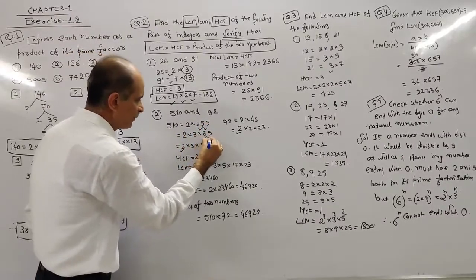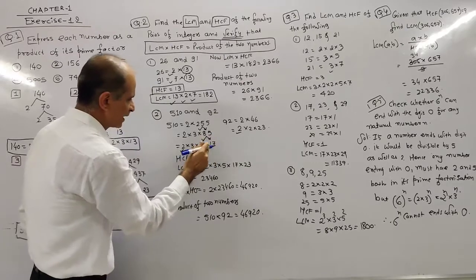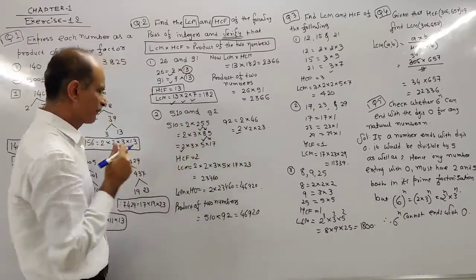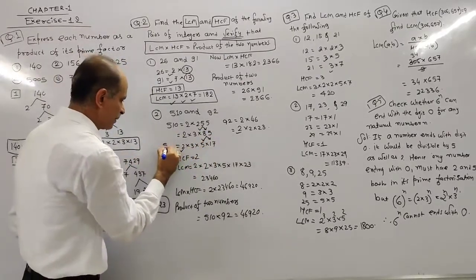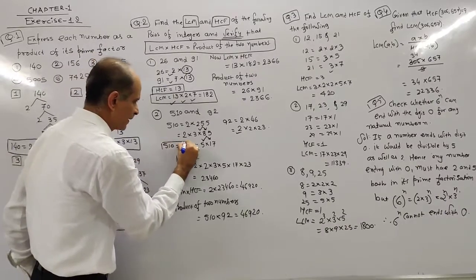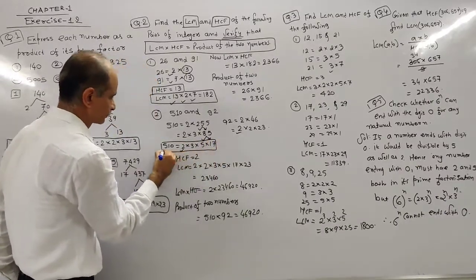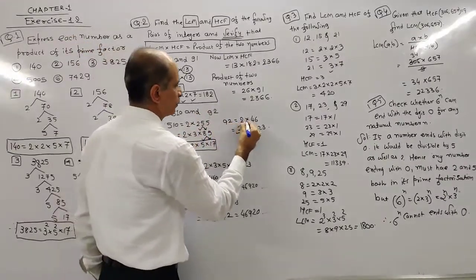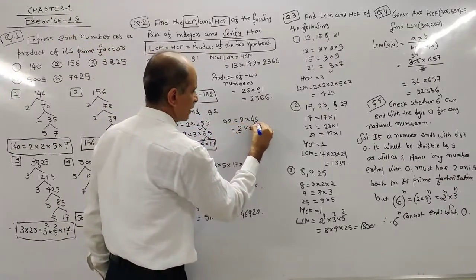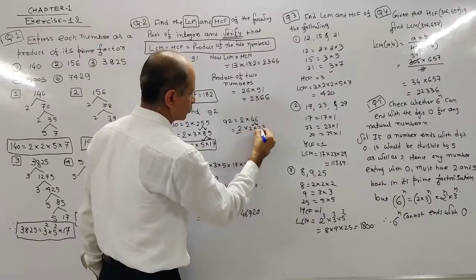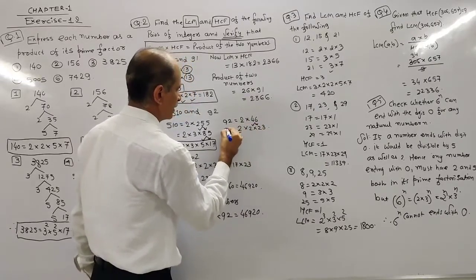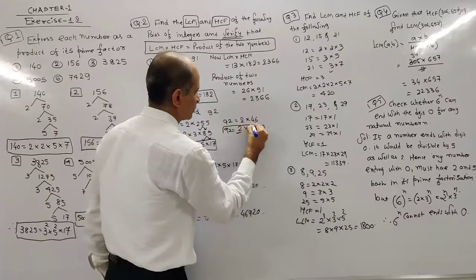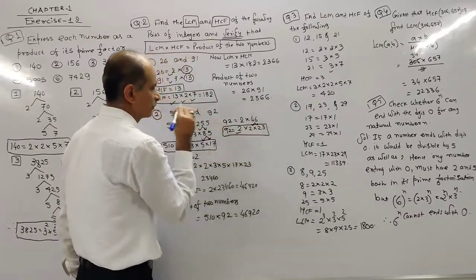Let me divide 85 into 2 parts: 5 17s are 85. And this is your prime factorization of 510. Now 92. When you divide it by 2, you get 2 into 46. When you divide 46 into 2 parts, you get 2 into 2 into 23, and that is 92. And this is the prime factorization of 92.